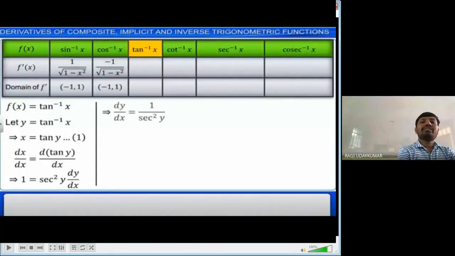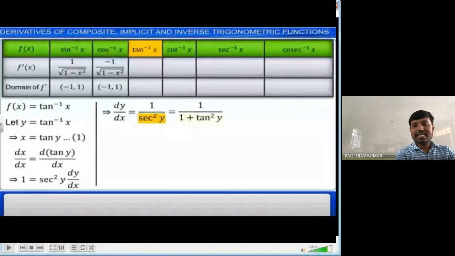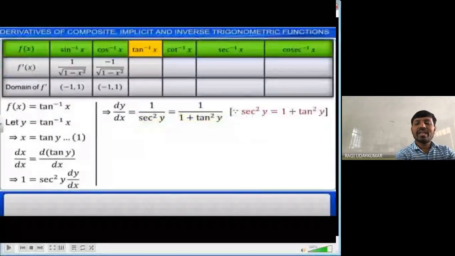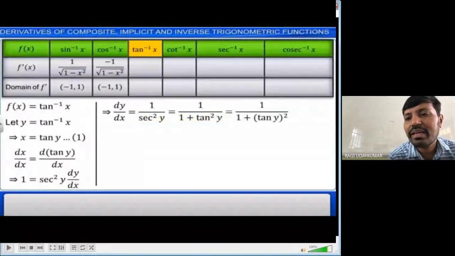And that secant square y can be written as 1 plus tan square y. Because tan y is equal to x, we write it in terms of x. So we are going to get dy by dx is equal to 1 by 1 plus x square.